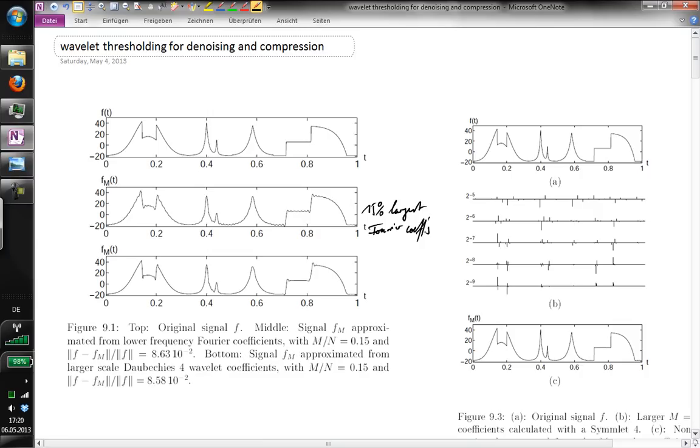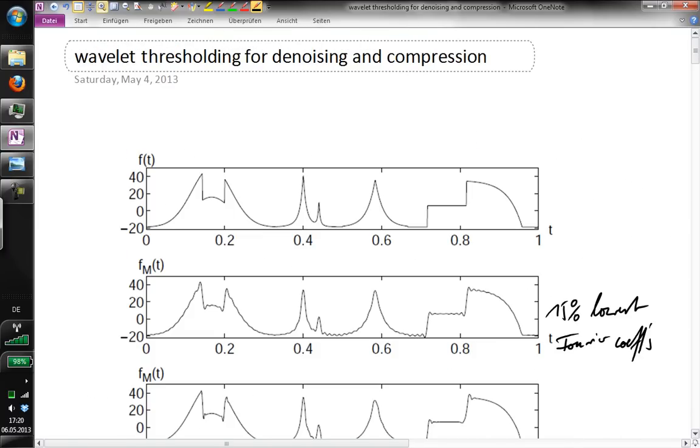The 15% lowest frequencies were used to reconstruct the signal, and you see that we have these Gibbs oscillations. We had a perfect step edge, and where there was a perfect step edge, we now have these Gibbs oscillations.